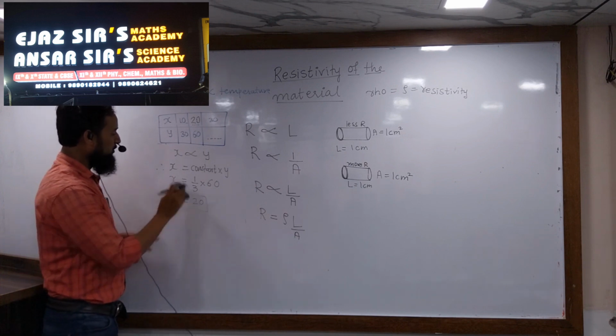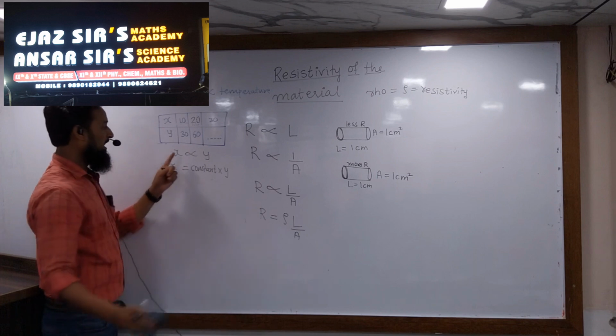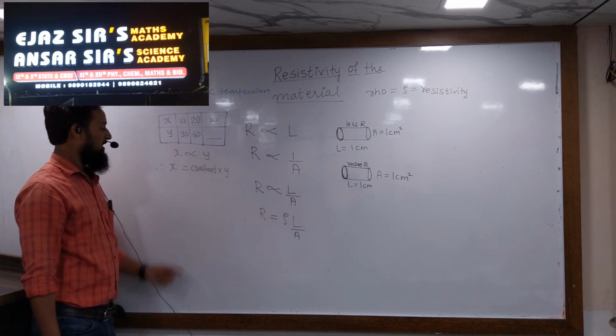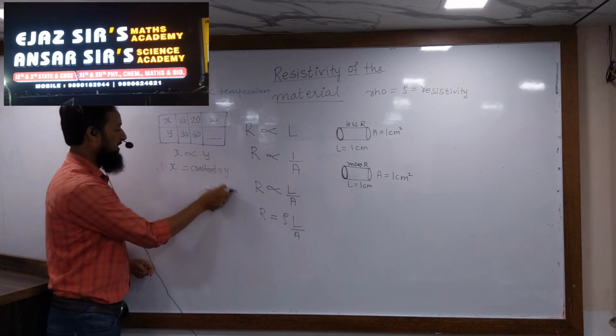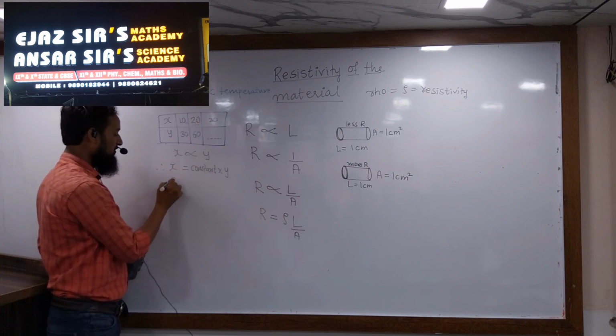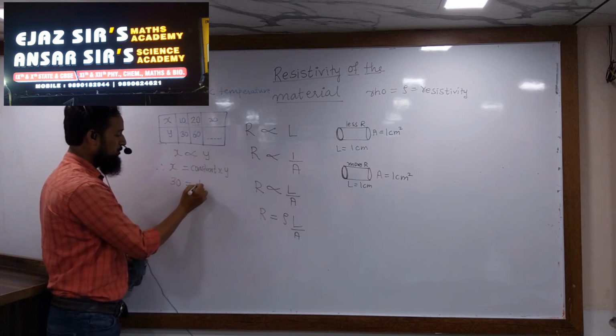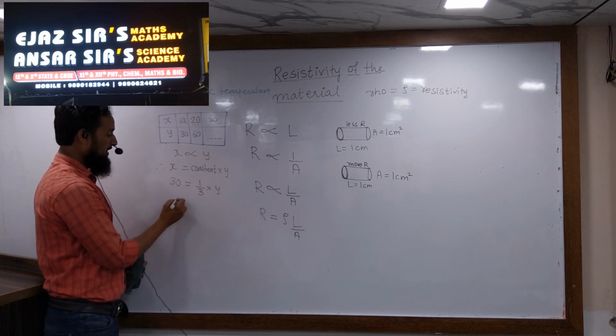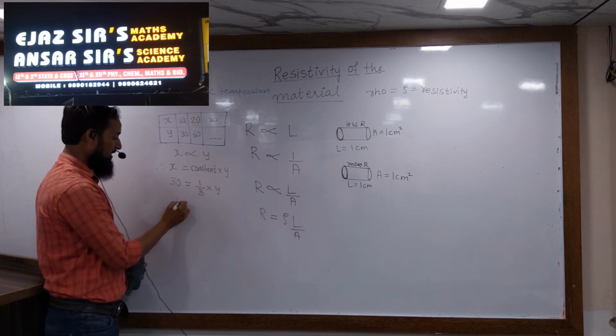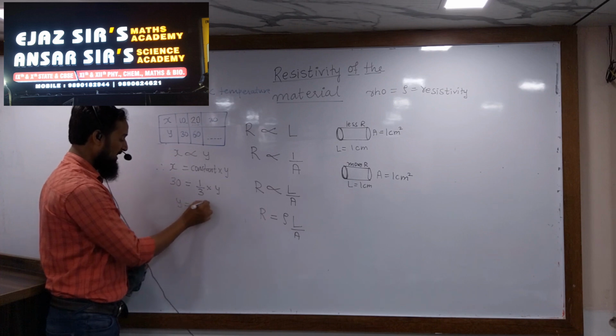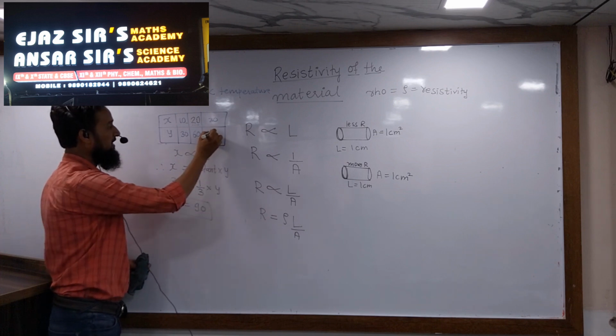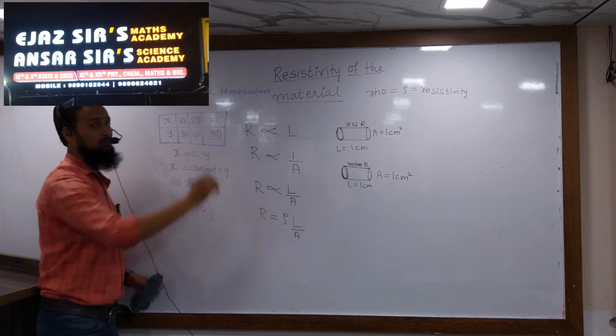Then again we used to solve further. We used to write x is directly proportional to y. X is equal to constant into y, and then we would put the value of x, and we used to know the value of constant, and then we could easily find the value of y. Y will be equal to 90. And we used to write 90 here, and the teacher used to give us another mark.